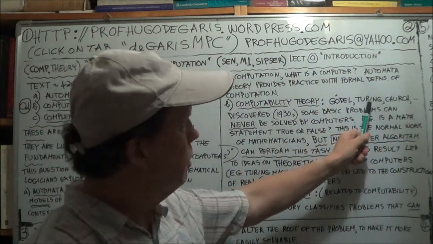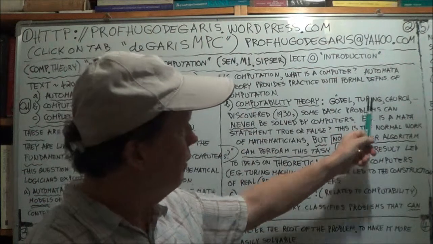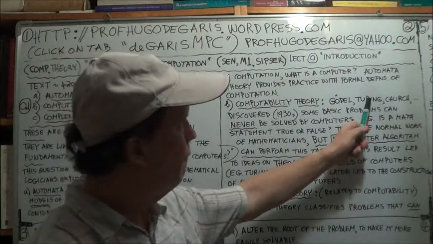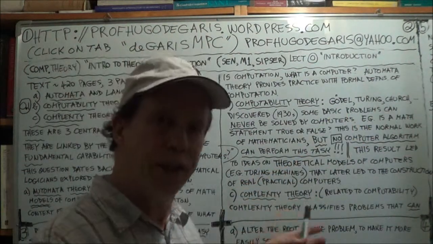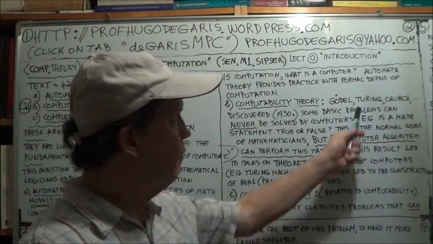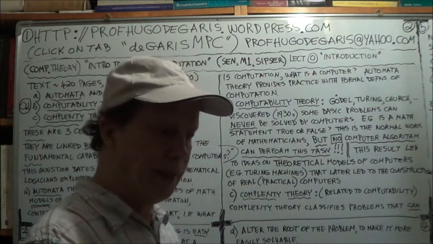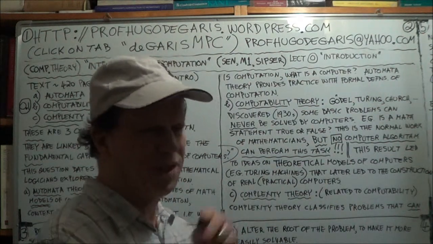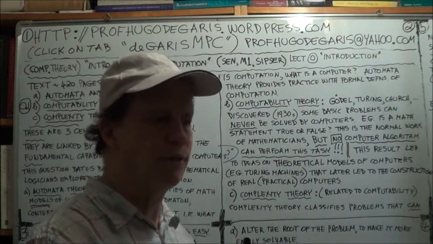And Turing was inspired by Gödel's work, and Turing found, with his famous halting problem, H-A-L-T, to halt means to stop, well, I'll say a little bit about it. The halting problem is the following.